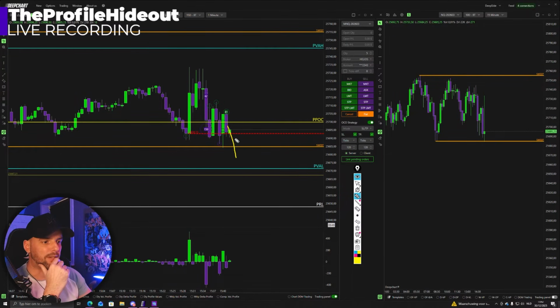Kind of want to see price really trade down a little bit more, extension, aggression. Because at this point, these are trapped and these are trapped, and we're just basically trading in between.